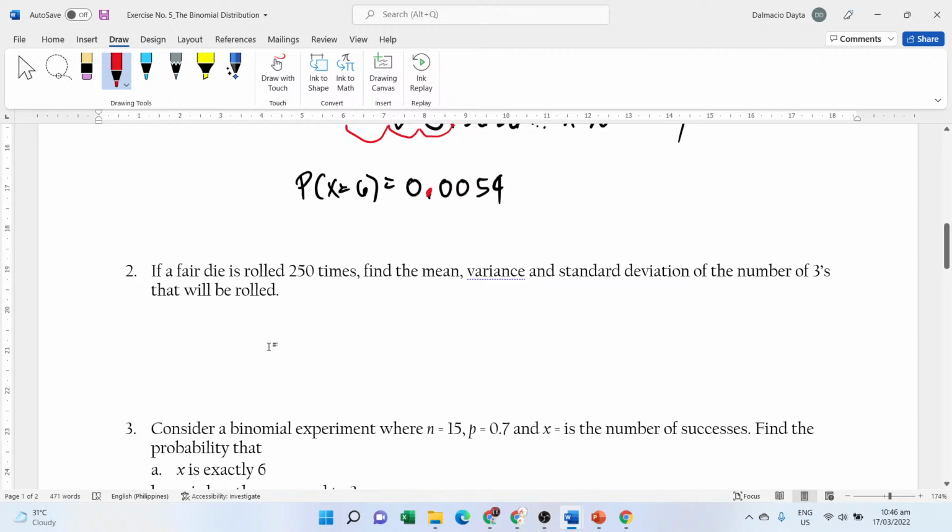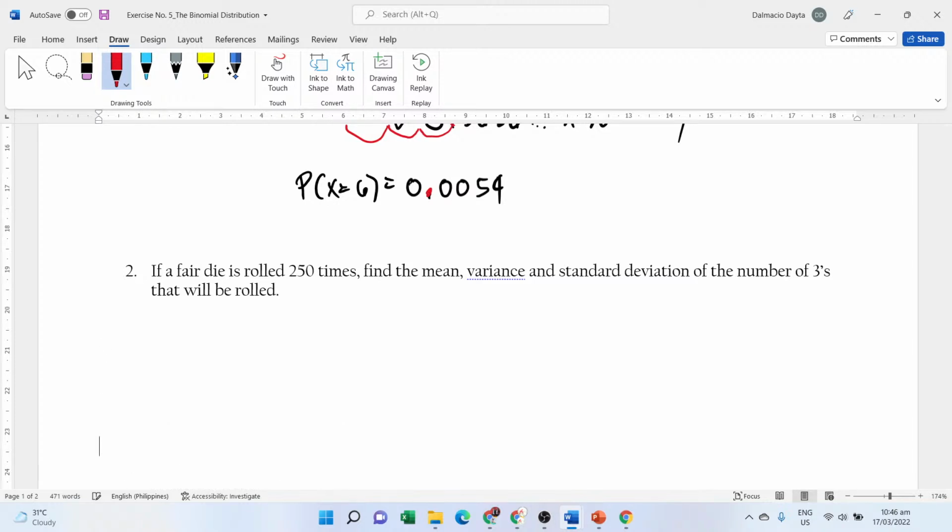A pair of dice is rolled 250 times. Find the mean, variance, and standard deviation. So this time it's already asking for the mean, variance, and standard deviation of the data.